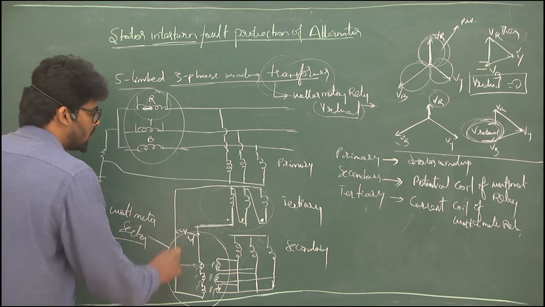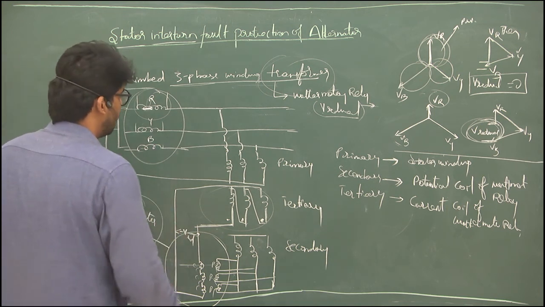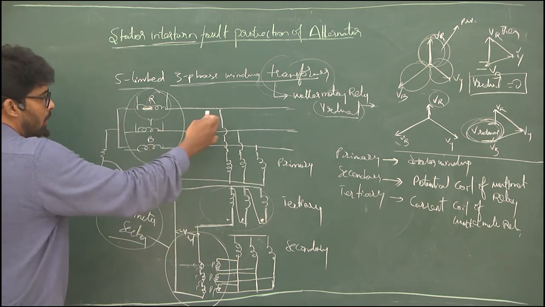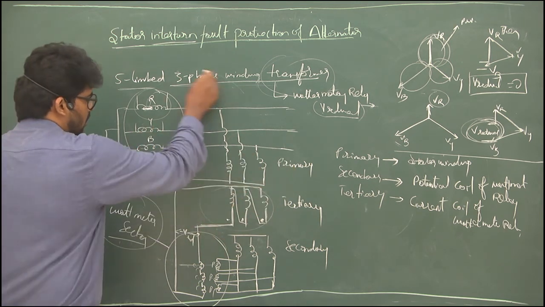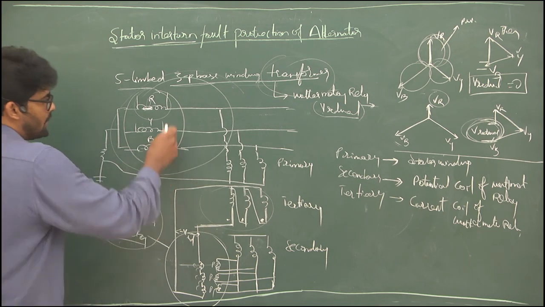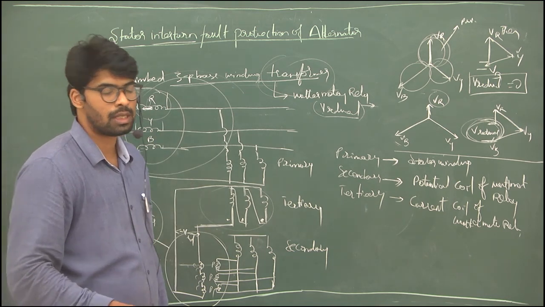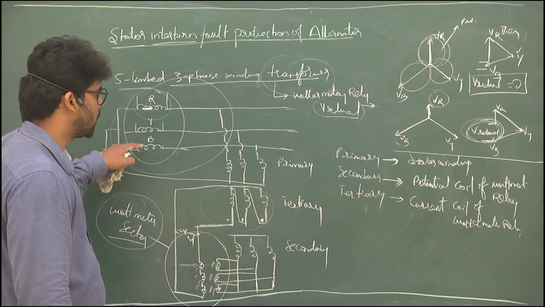If there is residual voltage, the wattmeter will operate. If the wattmeter operates, the circuit breaker will trip the related section, and this is the fault section, so the fault section will be separated. This is the whole concept of understanding each individual phase without the support of grouping.